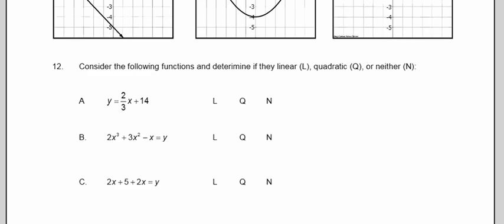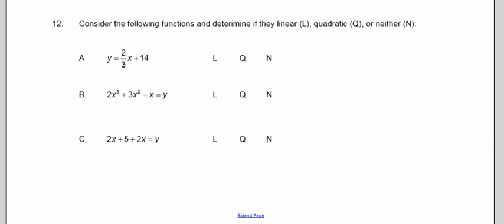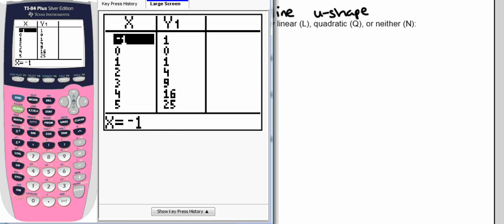All right, finally, number 12. Now we don't have pictures, and we need to determine if they're linear, a line, quadratic, the U shape, or neither. But notice on A, B, and C, we all have a y equals. Well, if you have y equals, let's just take that and throw it in our calculator.